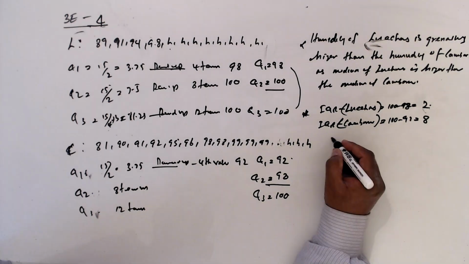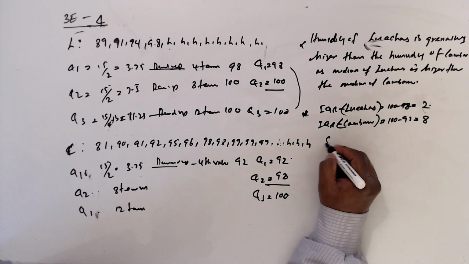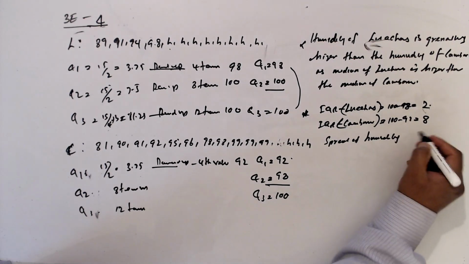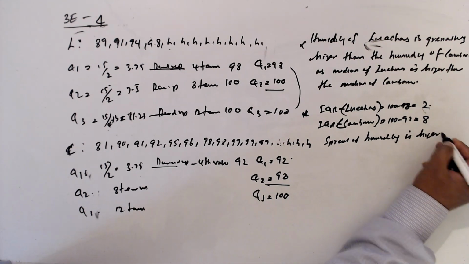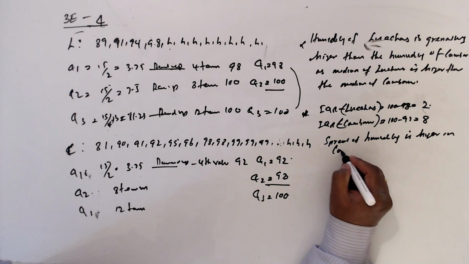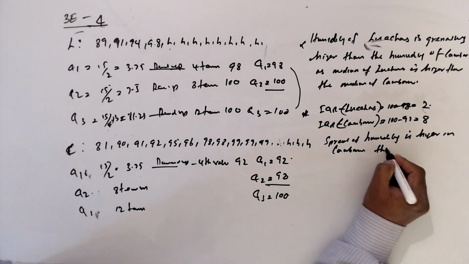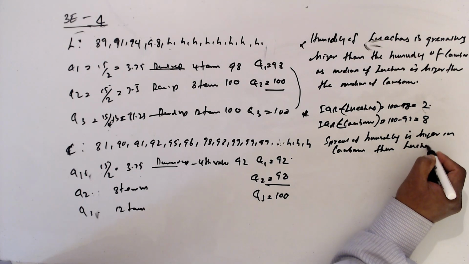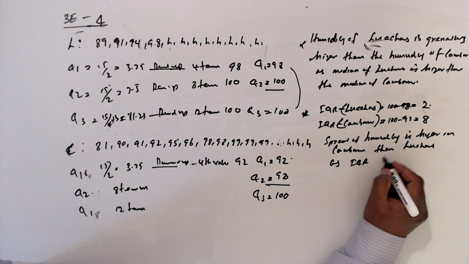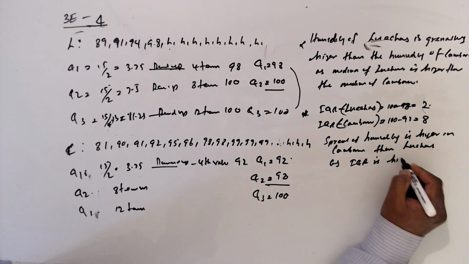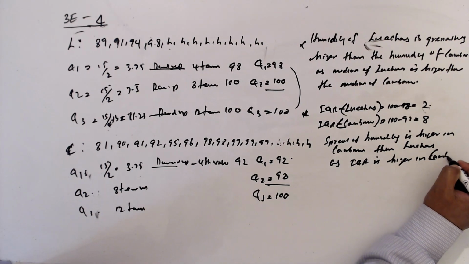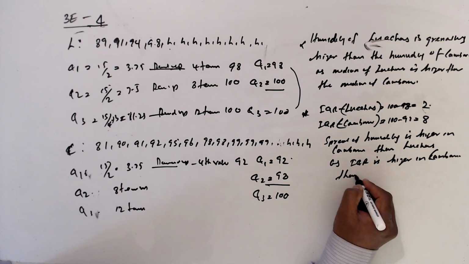So we can tell that the spread of humidity is higher in Cambon than Lucas, as the IQR is higher in Cambon than Lucas.